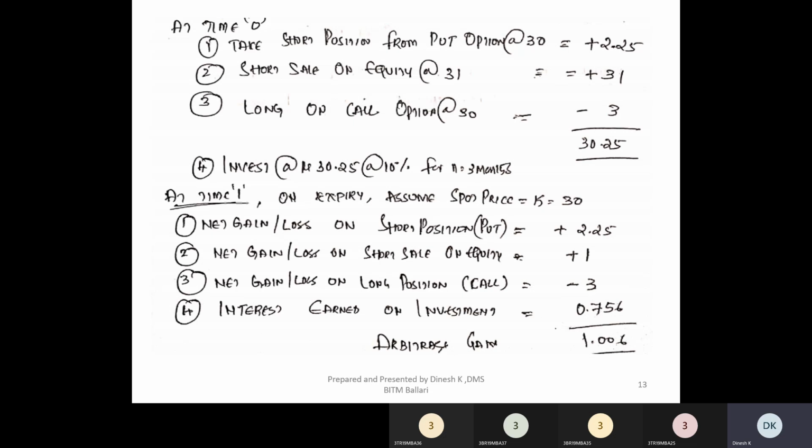So you receive 33.25 rupees from the short put and the short sale on equity. From this cash, you make a payment of rupees 3, so the leftover cash with you is 30.25 rupees.